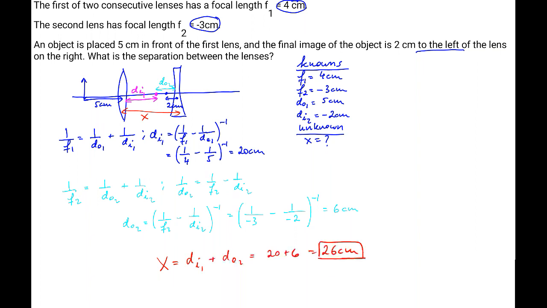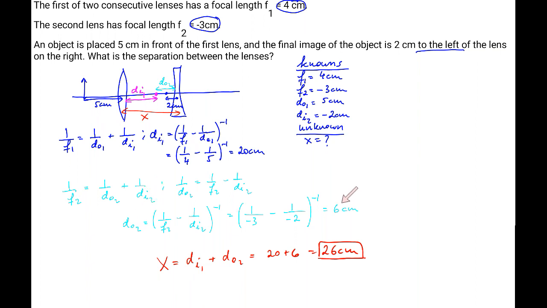Now, we didn't look at pluses and minuses for the second lens, so let's do that now. I had the focal length to be negative, and the object distance is what I was solving for. I knew that the image distance is negative because it was going to be formed to the left of the second lens. So when I solved for DO2, I ended up with a positive number.